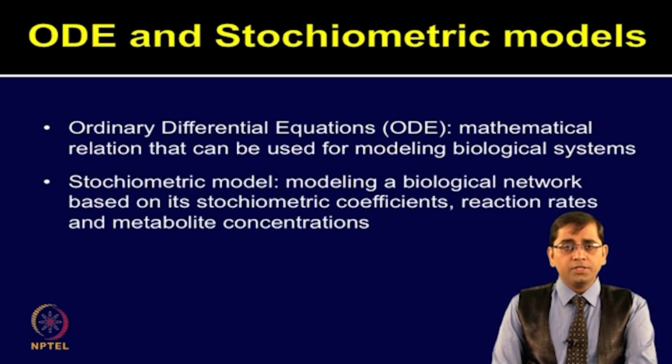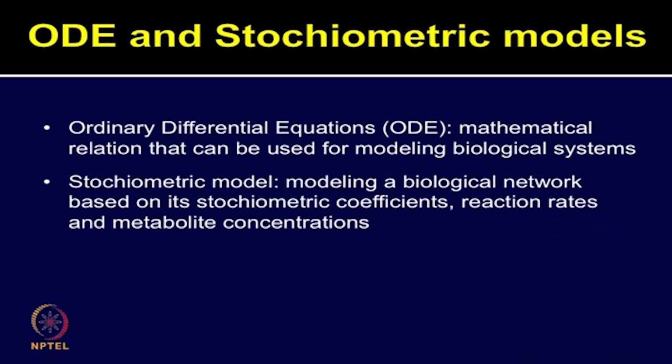To develop computationally efficient and reliable models of the underlying gene regulatory networks, these ODE models could be used. The stoichiometric model is a model of a biological network based on its stoichiometric coefficients, reaction rates and metabolite concentrations.